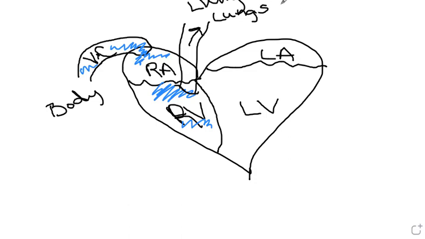The blood picks up oxygen and returns to the left atrium. This is called, oh, I forgot to label this one. This one is the pulmonary artery, and this one is the pulmonary vein. The blood returning from the lungs is oxygenated.